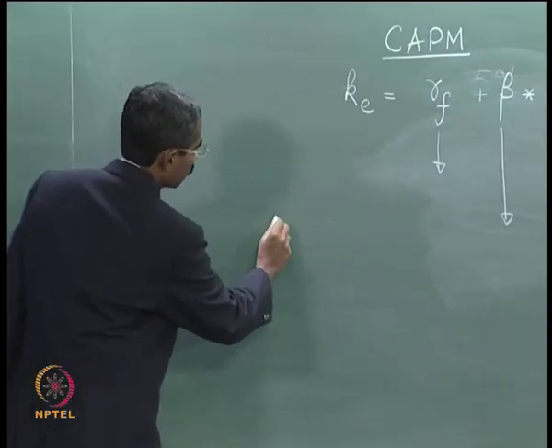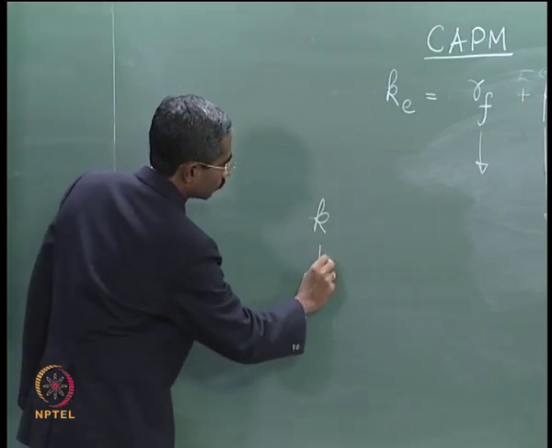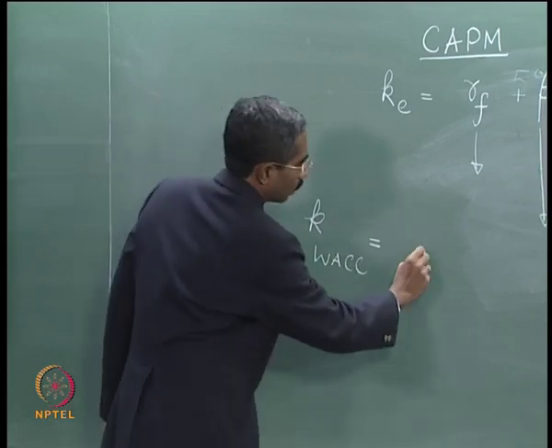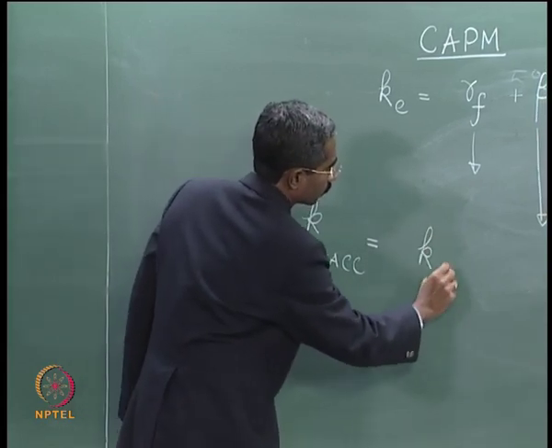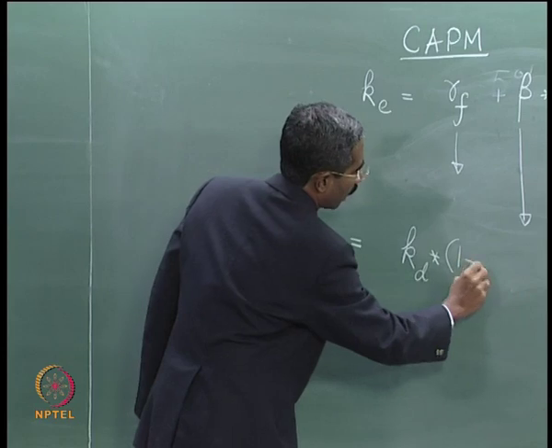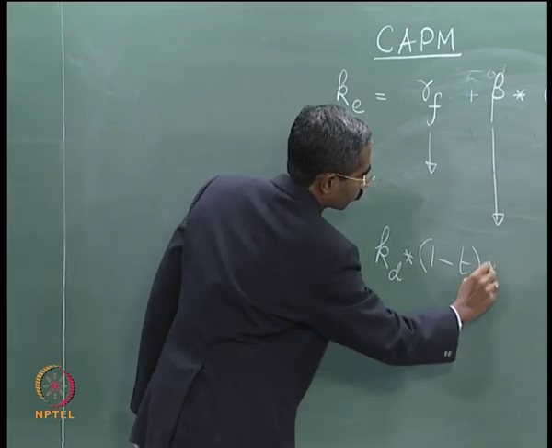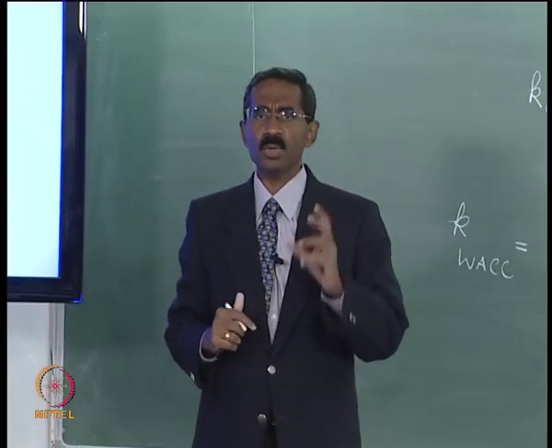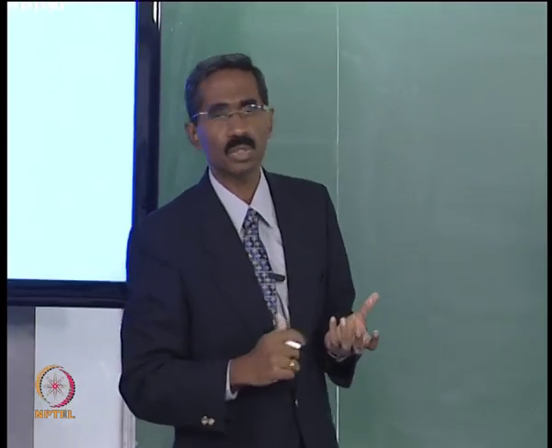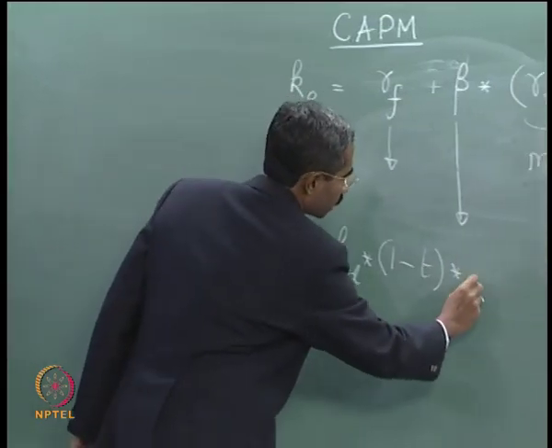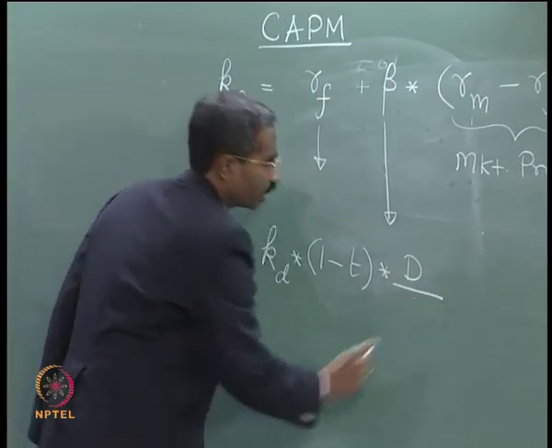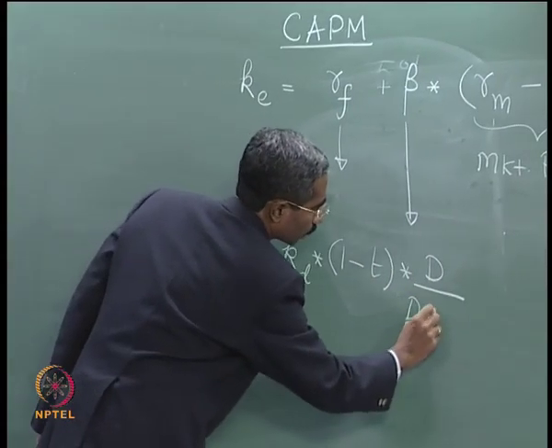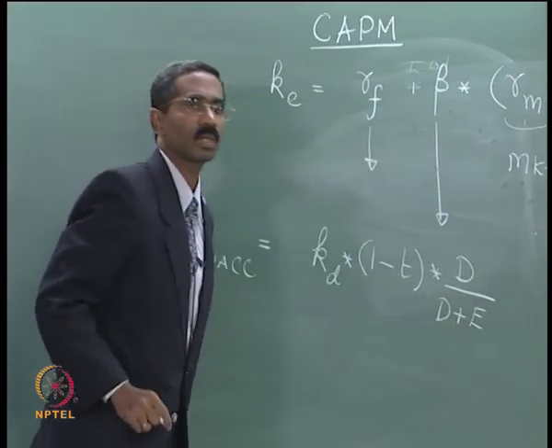So, weighted average cost of capital is nothing but cost of debt on an after tax basis, multiplied by the proportion of debt funding that we use for funding the project. Let us assume D is the amount of debt that we have used, and the total funding for the project is nothing but debt plus equity.